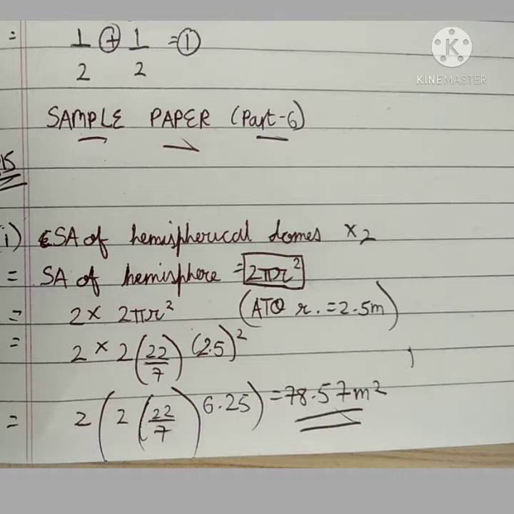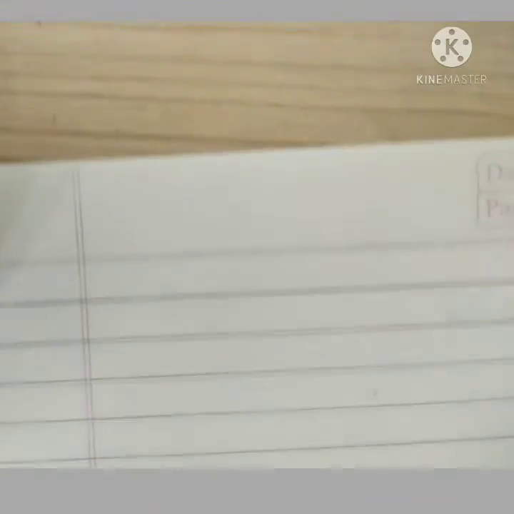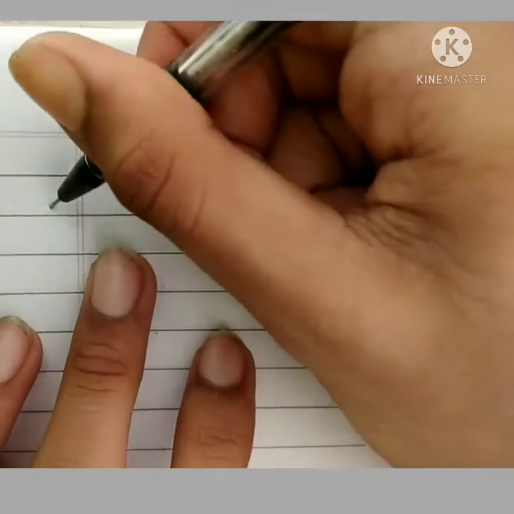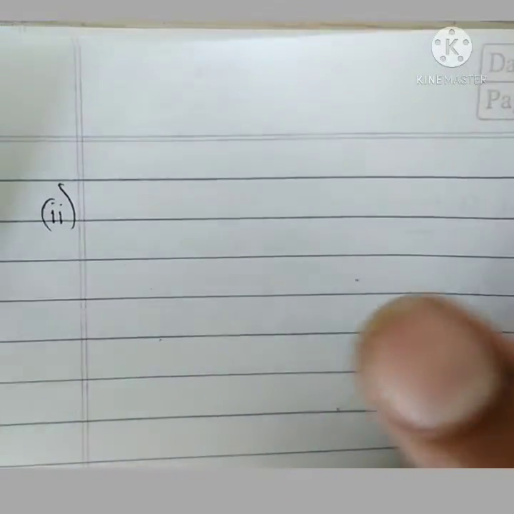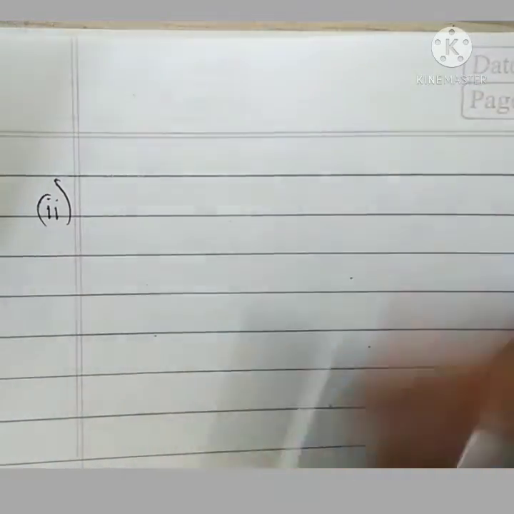It is saying, write the formula to find the volume of a cylindrical pillar. Let me move the page because there is no space left here. Second part. It says that we have to write a formula for finding the volume of a cylindrical pillar.